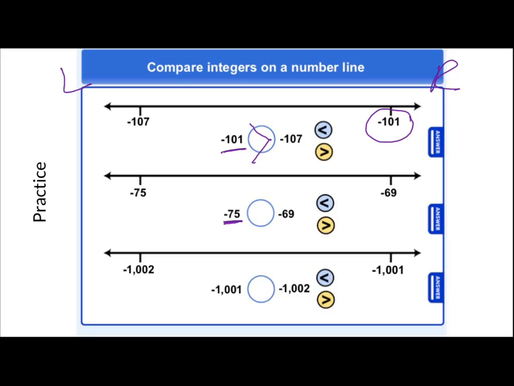Negative 75 is what is beginning our inequality statement here, and it is to the left on the number line. Since it's to the left on the number line, that means it has to be less than. This one, we are starting with negative 1001, which is on the right side of the number line. So that means that it has to be greater than negative 1002.